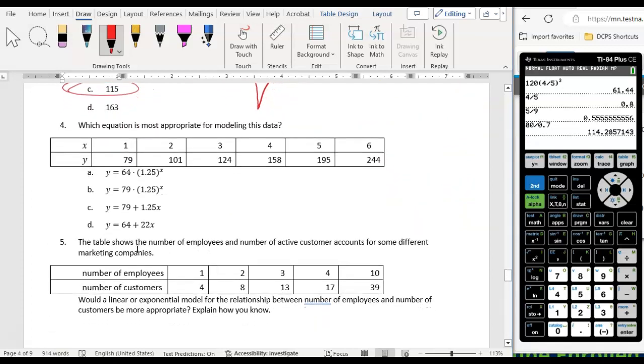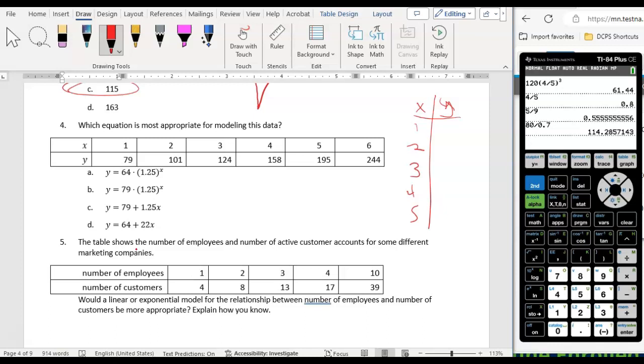All right, which equation is the most appropriate for modeling this data? So here we have our inputs at the top. Sometimes it's confusing when they shift the graph to be horizontal. So if you're struggling with that, just go ahead and rewrite it. But here we are looking at whether or not this is an exponential equation or not.